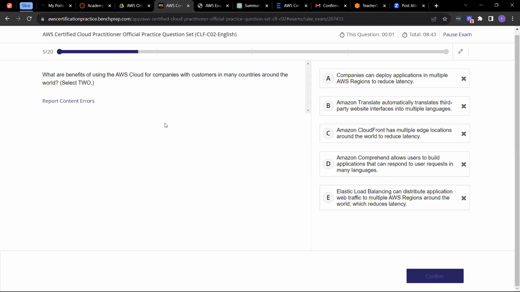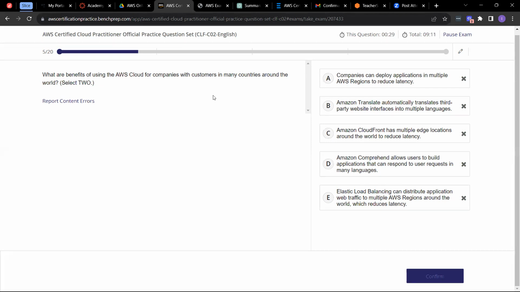So what are the benefits of using the AWS cloud for companies with customers in many countries around the world? A says companies can deploy applications in multiple AWS regions to reduce latency. We are selecting 2 anyway.